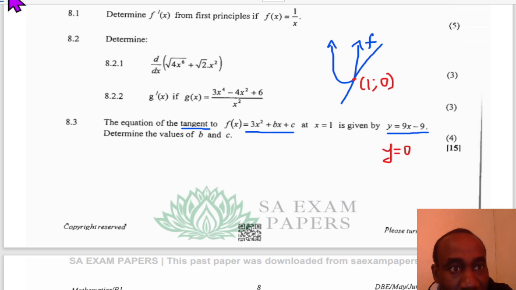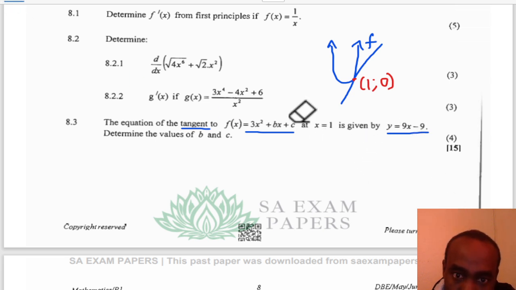Very good, so we are getting there now. Since this point, where the coordinates of x and y are 1 and 0, is also located on this curve of f of x, we can substitute x and y into this equation. So doing so, this f of x, which is y, is 0.